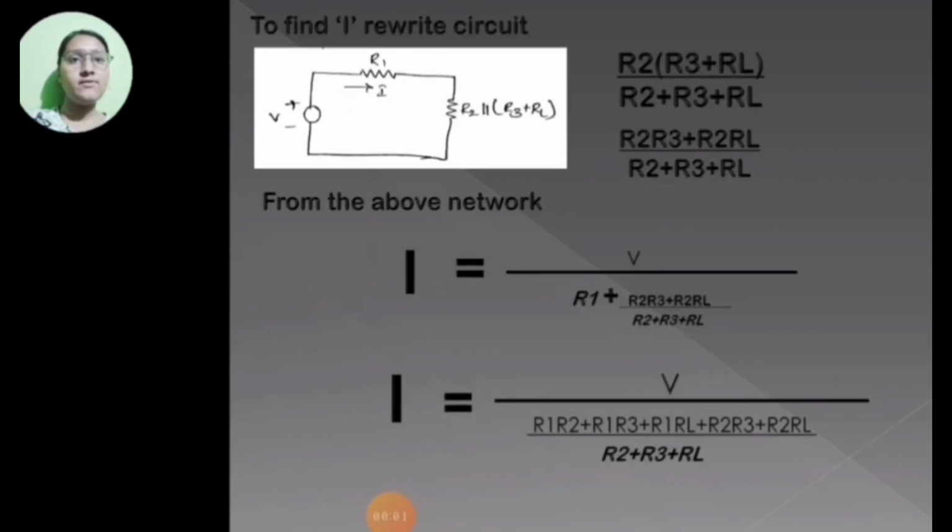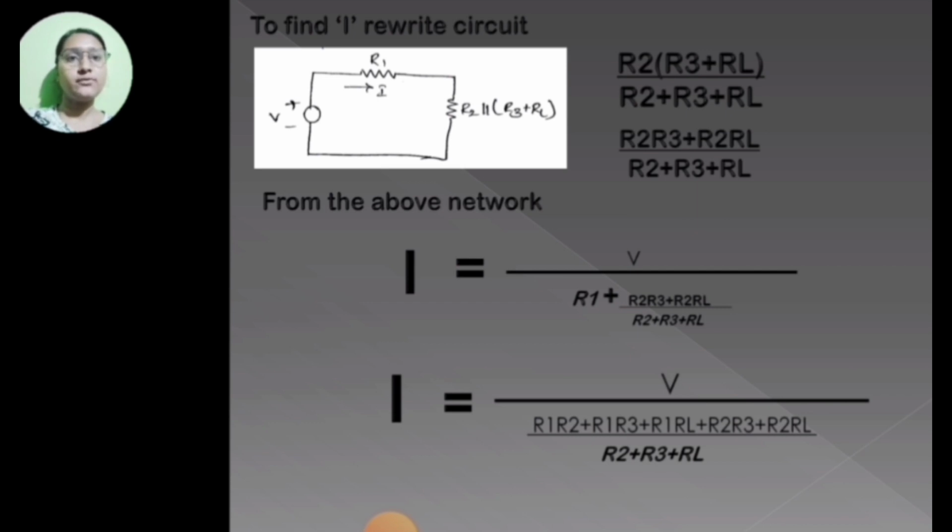To find the I value, we rewrite the circuit like this: R2 is parallel with R3 plus RL. Next we get R2 into R3 plus RL divided by R2 plus R3 plus RL. Multiplying R2 with both terms, we get R2 into R3 plus R2 into RL divided by R2 plus R3 plus RL.